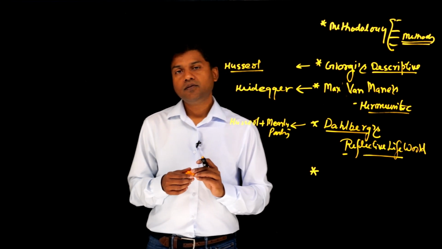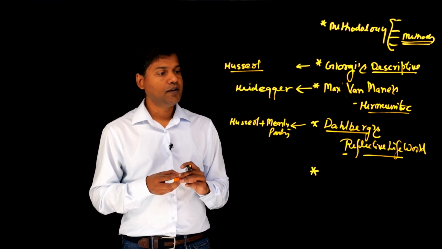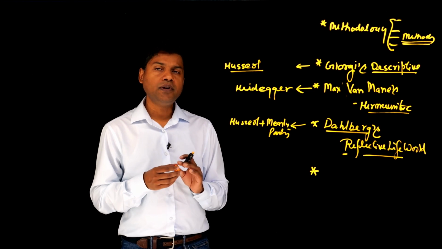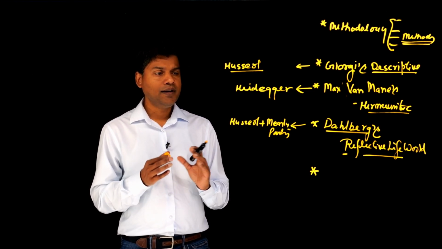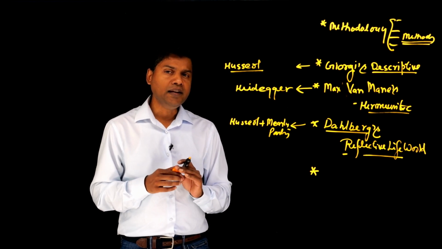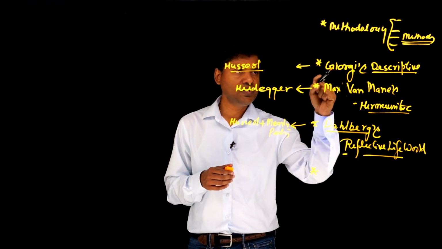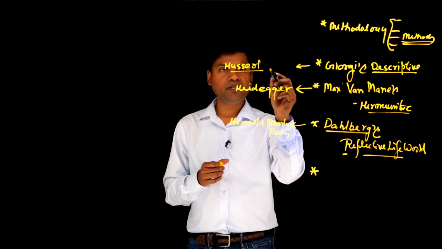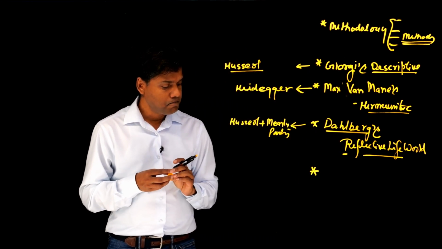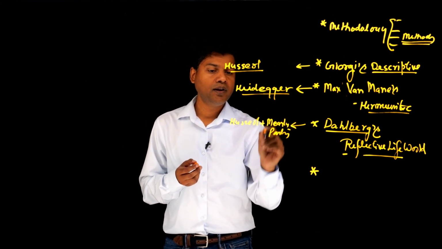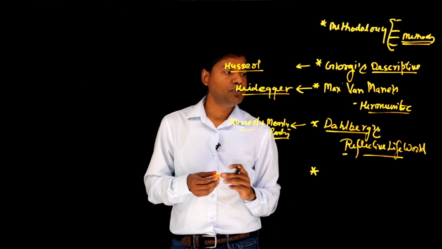So each methodology that we see here is inspired by different philosophers from phenomenology. It's more, I would say, integrated in nature, but there is a primary influence, a primary focus. As we see, Giorgi's descriptive is primarily from Husserl, Max van Manen's is more from Heidegger, and then Husserl and Merleau-Ponty for Dahlberg's Reflective Lifeworld.